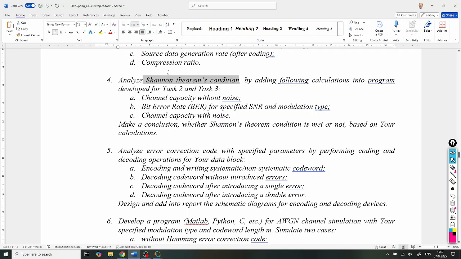So what we want to know here is what is the channel capacity, the data transmission rate without noise, what is the bit error rate, so what is the error probability for your specified modulation and signal to noise ratio, and what is the capacity with this noise.